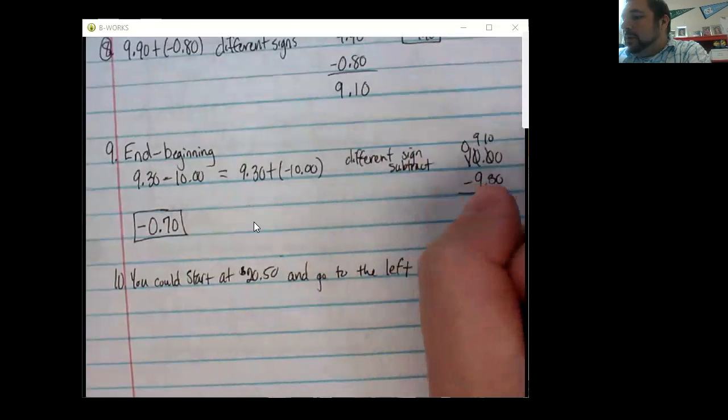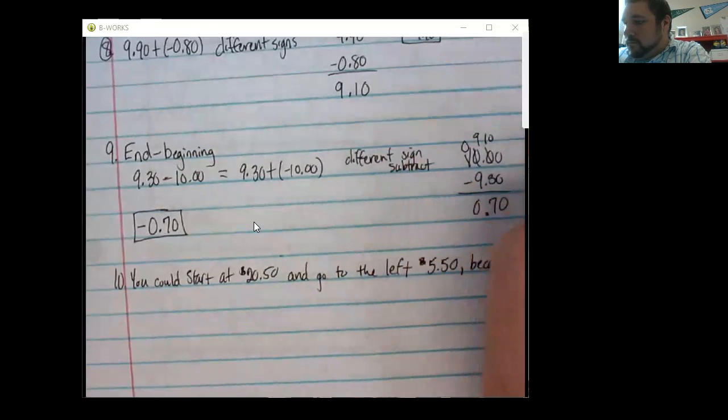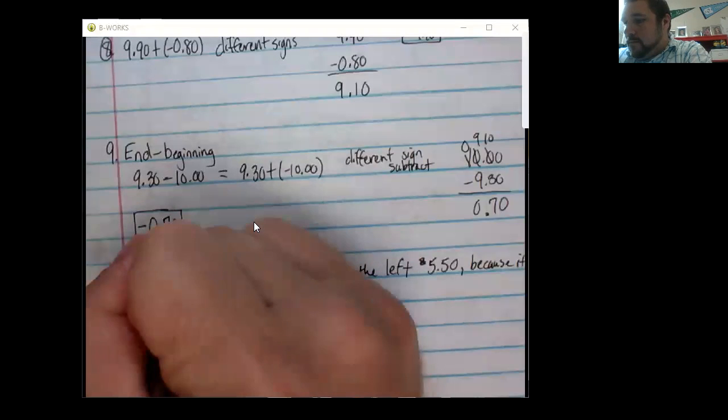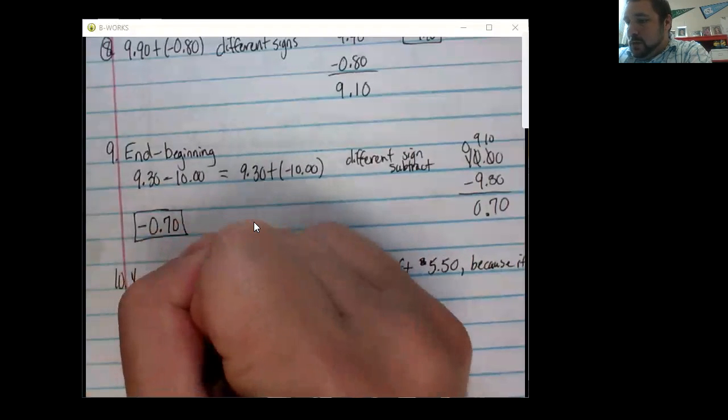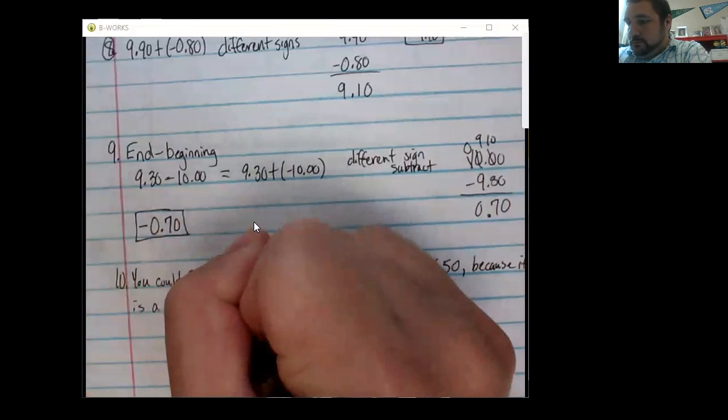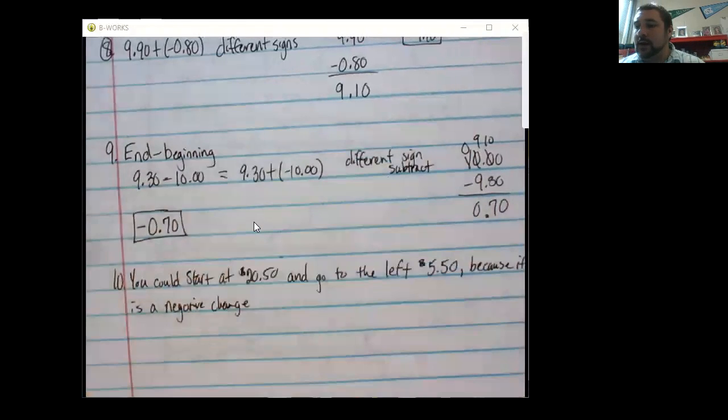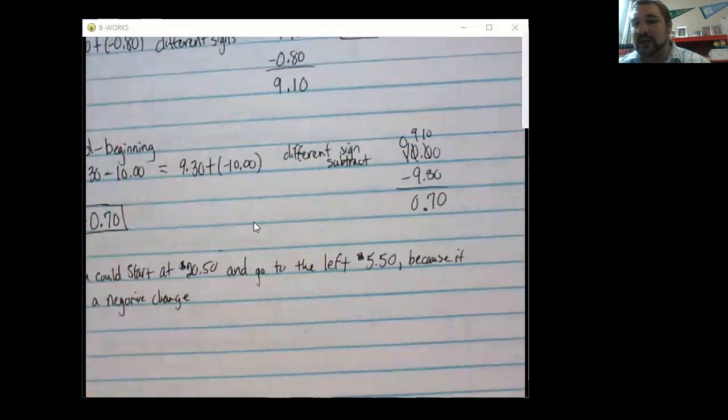And we're going to the left because it is negative $5.50. So that's how you would use a number line. You would start at $20.50 and you would go to the left because it is a negative change.